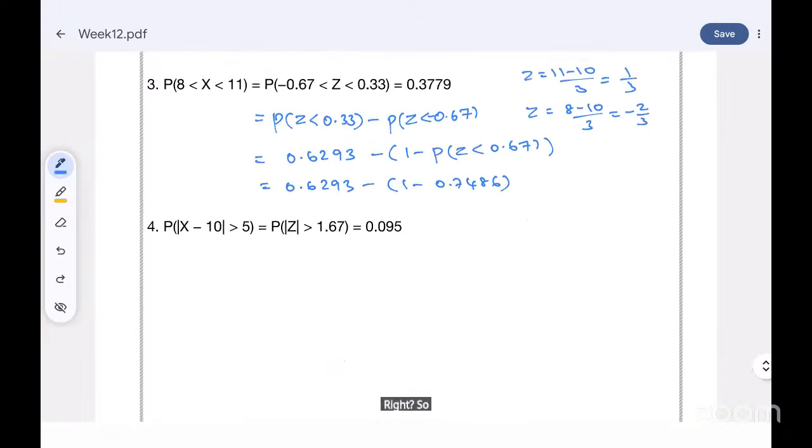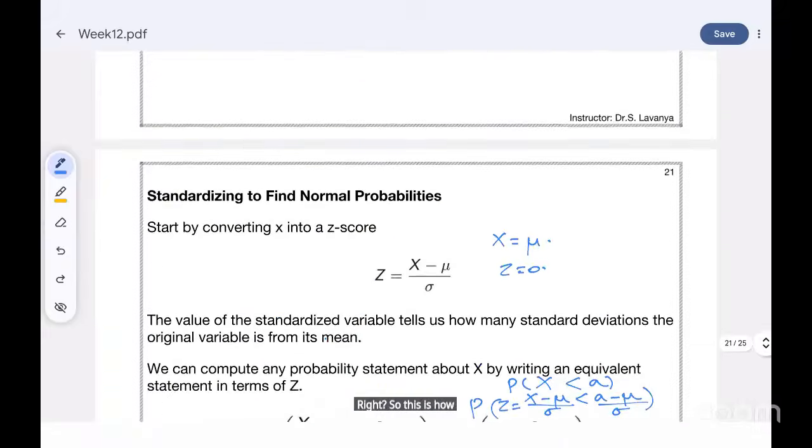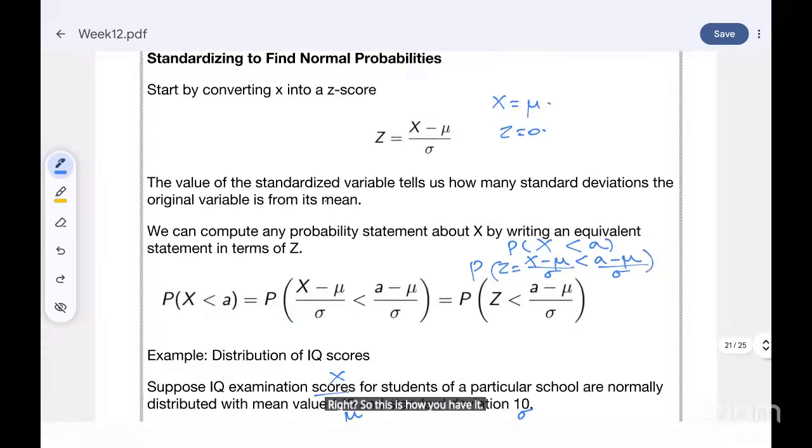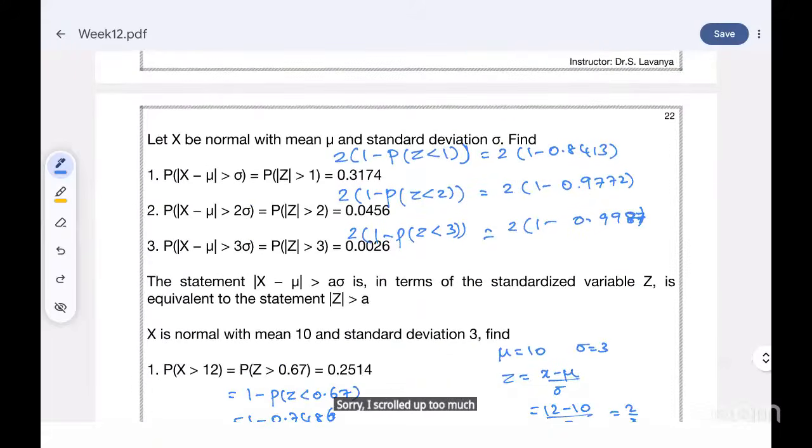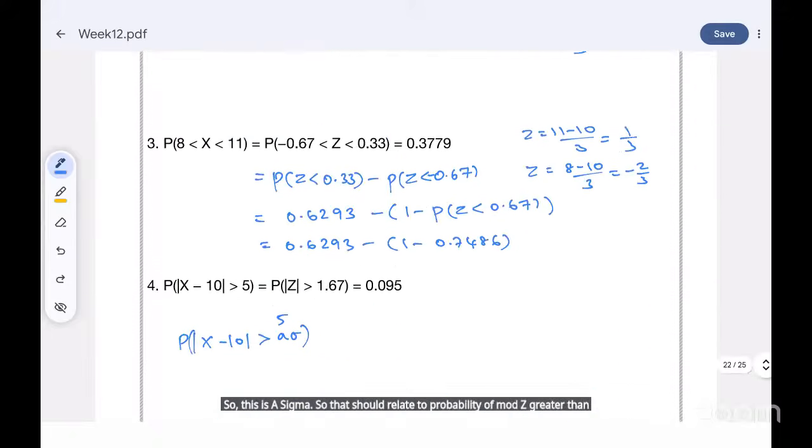Right? So here you have this 5, which is equal to A sigma. So the probability of mod X minus 10 greater than 5 should relate to the probability of mod Z greater than A. So what is your A?